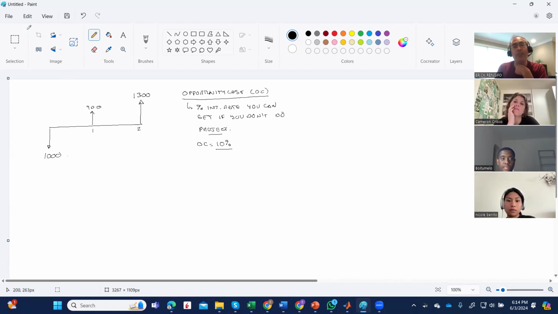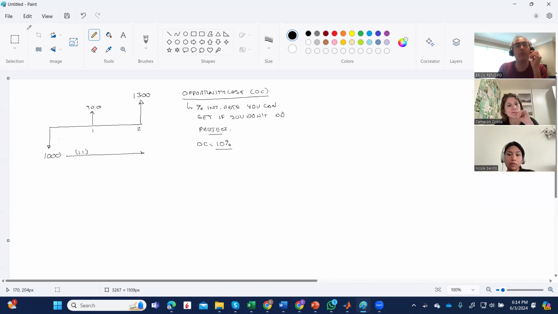If you take this $1,000 for 2 periods, what we're doing is future value. So this implies that this $1,000 is going to grow at 1.1 for this period. So when you move one period, you multiply this times 1.1. And then to move to the second period, we need to multiply this times 1.1 squared. Correct? So let me check my calculator.